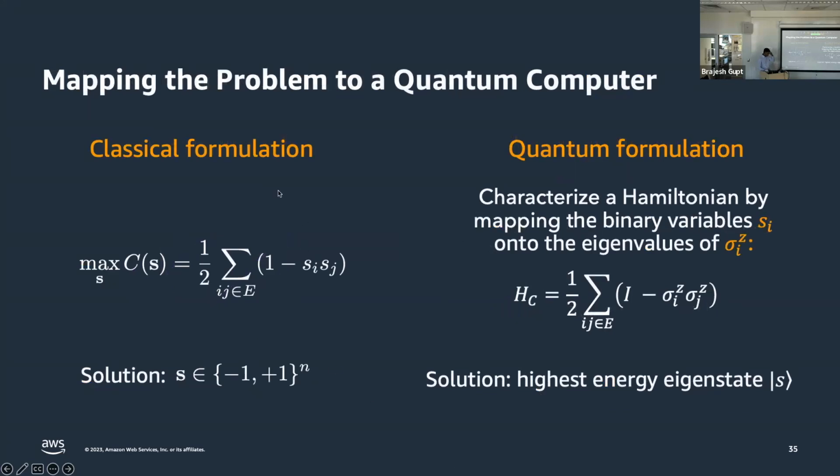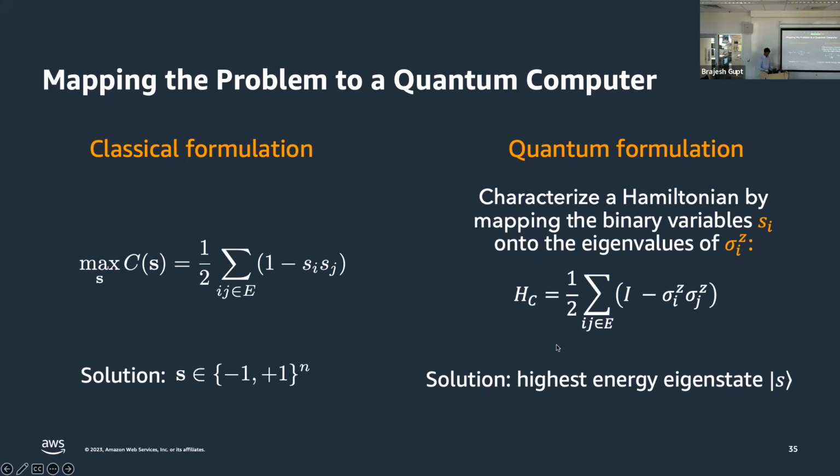This is the classical formulation which we just visited. For the quantum formulation, what one can do is map this Si and Sj variable to what is called a Pauli spin operator, which has eigenvalues -1 and +1. So we have this Hamiltonian, and at the end, what we are looking for is a solution which has the highest energy eigenstate, so that this whole objective function is maximized.